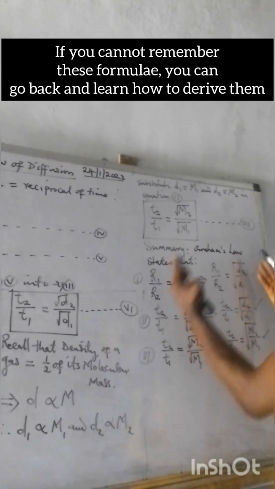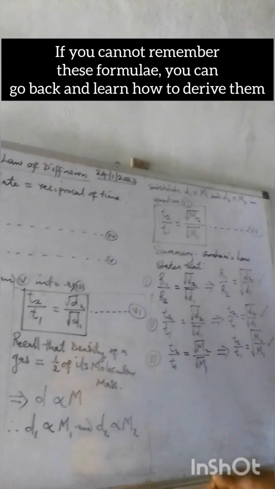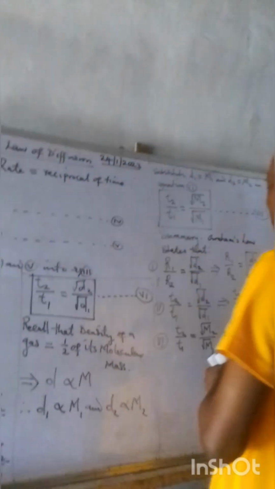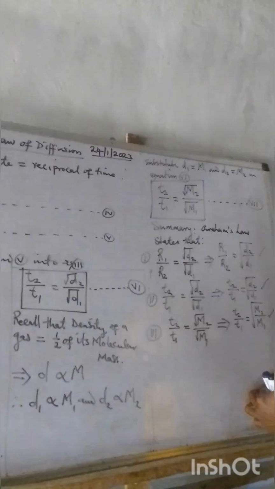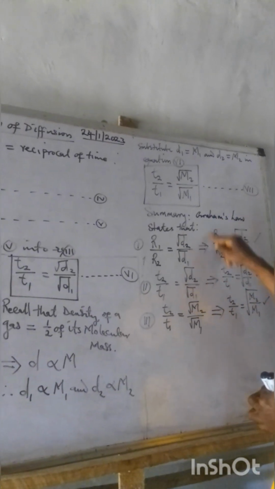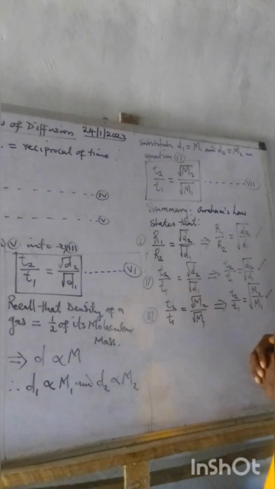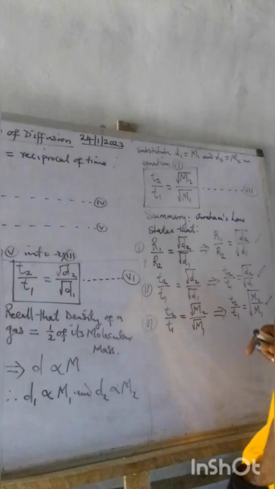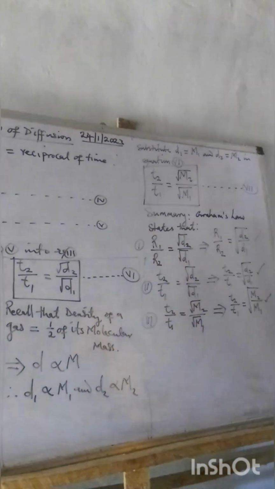If you cannot remember these formulas, you can go back and learn how to derive them. But they are easy to remember. Starting from here, this is just the primary formula for Graham's law, which states that the rate of diffusion is inversely proportional to the density of the gas.